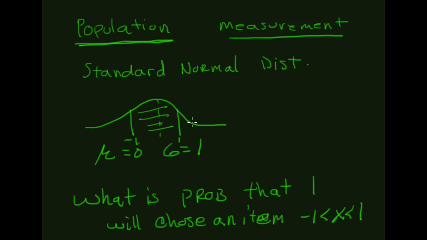And the calculator actually does this really simply by using what's called a normal CDF distribution. The C here stands for cumulative density function, but we will get to that right now.